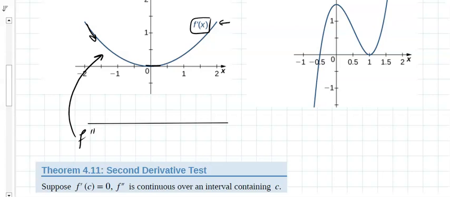First, I notice there's a minimum there. So the slope of the tangent has to be 0 there, right? To the left, it seems the slope of the tangent is negative. To the right, the slope of the tangent is positive. If the slope of the tangent is negative, if the second derivative is negative, the function is concaving down, and if it's positive, it's concaving up.